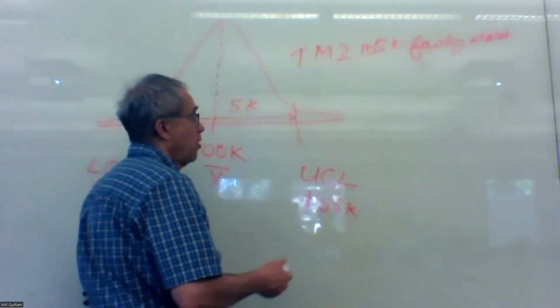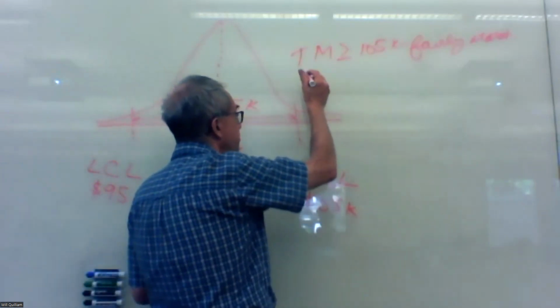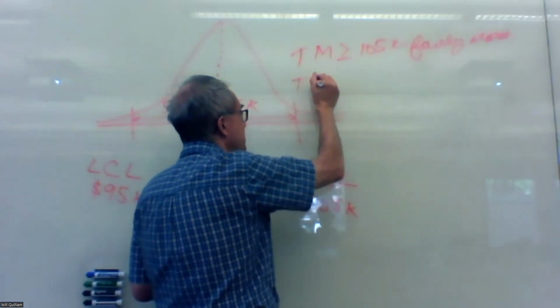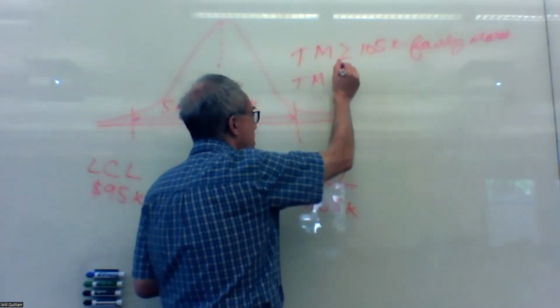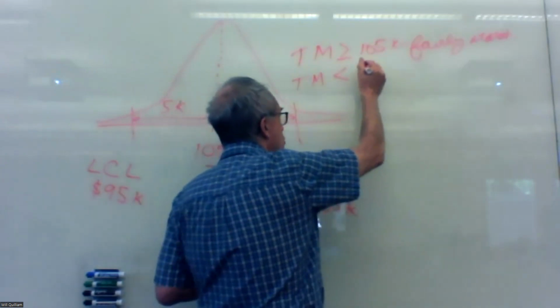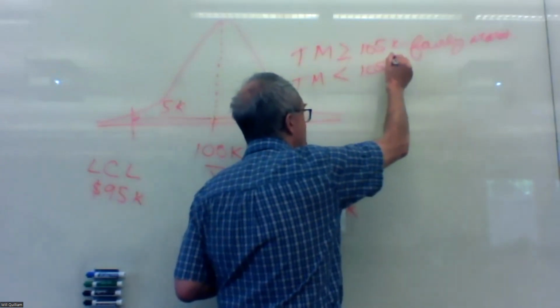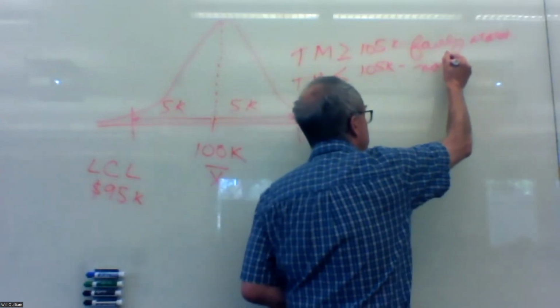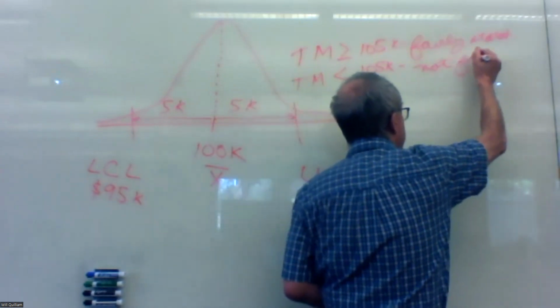But if there's more error in the population, let's say the tolerable misstatement is less than $105,000. In that case, accounts receivable will stay.